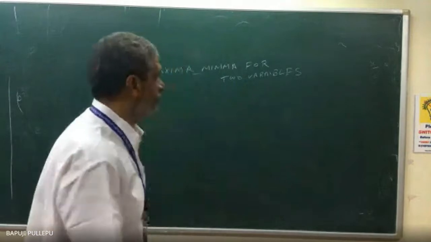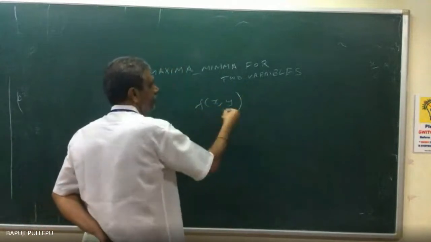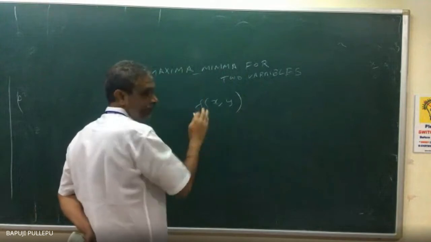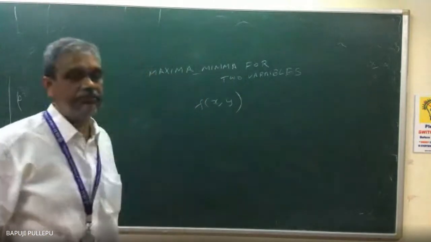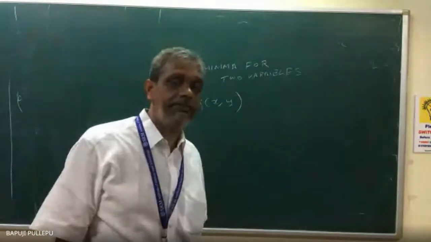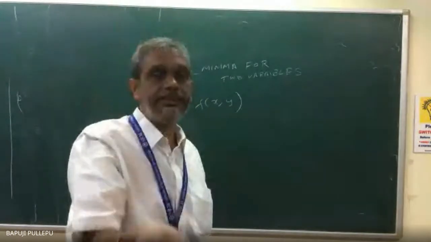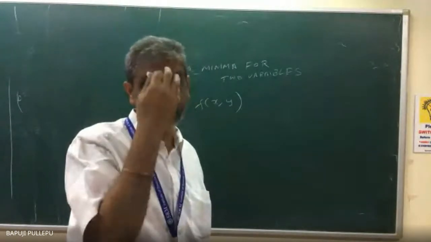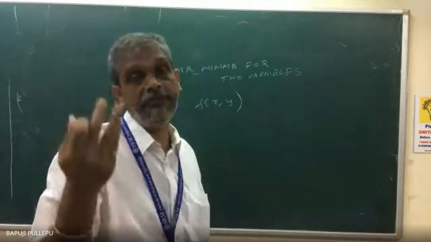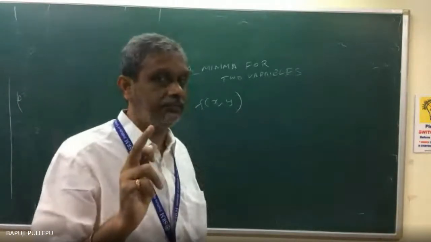They will give f of x, y, one function, and ask you to find at what points it has the maximum and minimum, and what the maximum and minimum are. You can find that at this point my function attains maximum, and at this point my function attains minimum. You may get different points where it attains maximum or minimum, but the value of the maximum or minimum is unique.